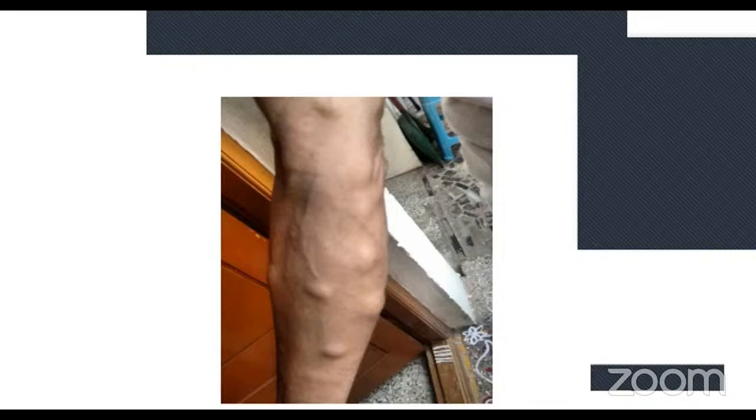Lipomas and fibromas, I told you, will have some lobulated surfaces. With small ones we can't make it out, they look very soft, but usually big lipomas will have lobulated surfaces. What's the consistency of lipoma? Usually, not always, they are soft.